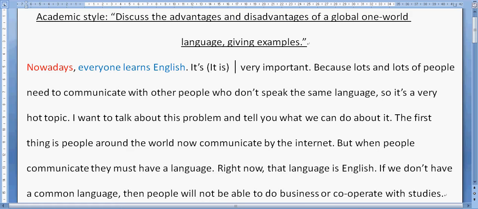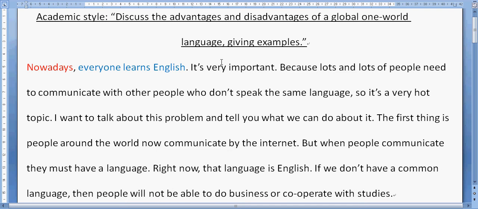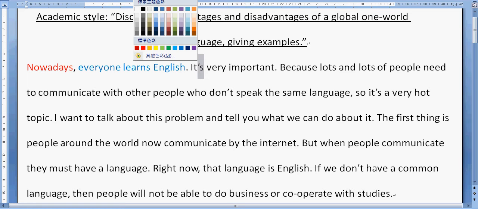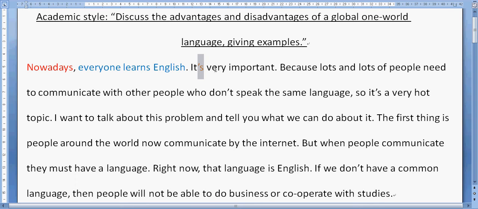However, when we write, we must use the full two words, not this short version. So let's put that in a different color. That's a contraction problem. Let's put it in orange.